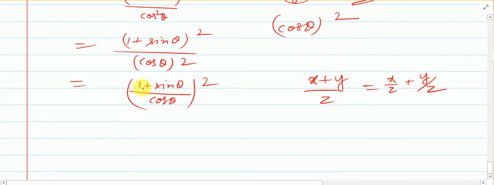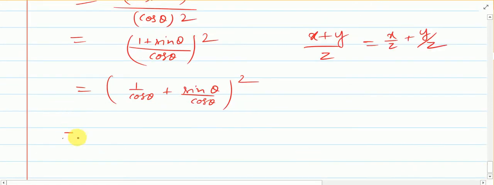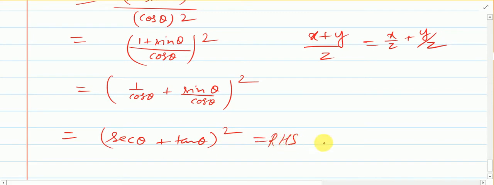So I can write 1 by cos theta plus sin theta by cos theta whole square. But 1 by cos theta is sec theta and sin by cos theta is tan theta. So we got sec theta plus tan theta whole square, which is your right hand side. It is proved.